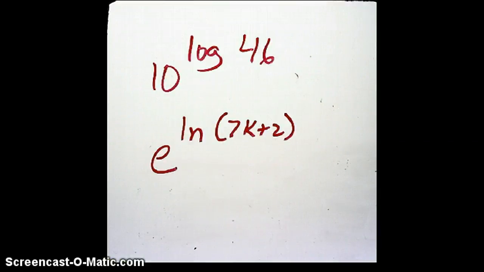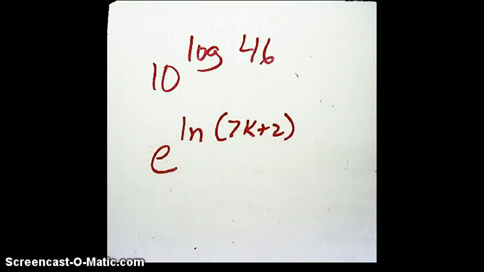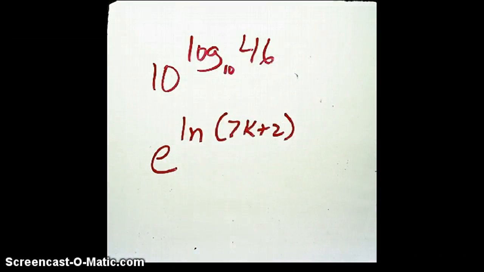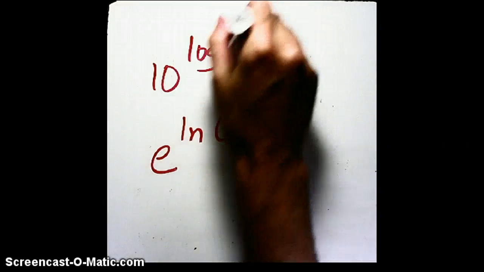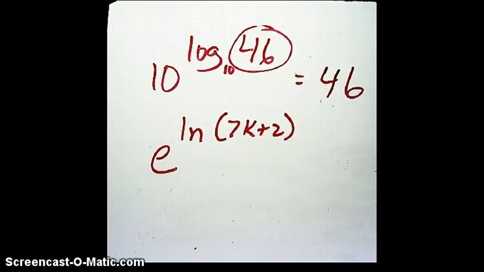Okay, folks, this is an example from your lesson. So 10 to the log of 46. Now remember, log by itself is just a common log. So sure enough, you could do this on your calculator. You could probably guess what it is. It's just going to be 46. All right, how about this one?